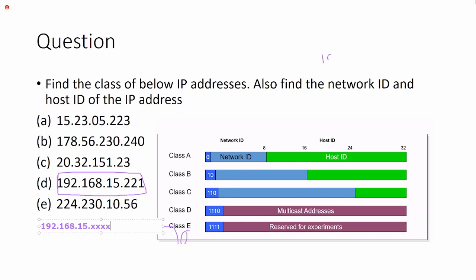Once you are assigned a network ID, although you have unused host IDs, in this classful system you cannot utilize them for another network. What is the reason? Because the network ID part is fixed. So either you select 8.1 or 16.1 or 24.1.